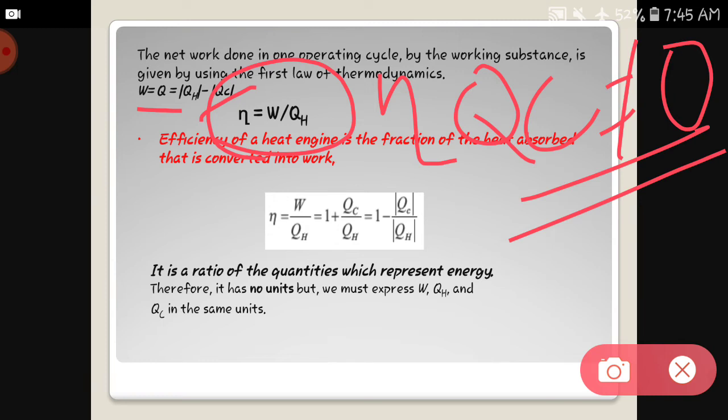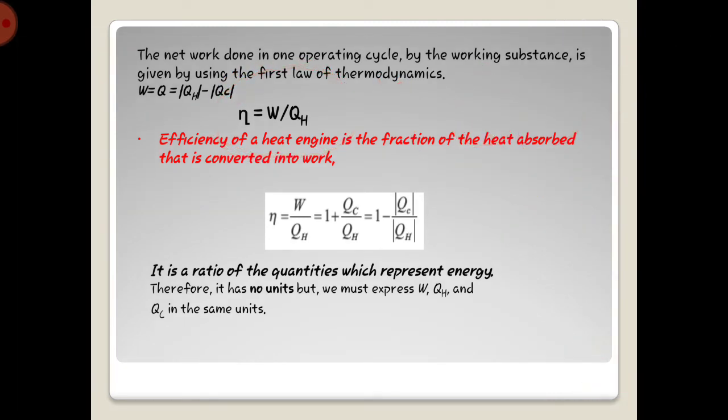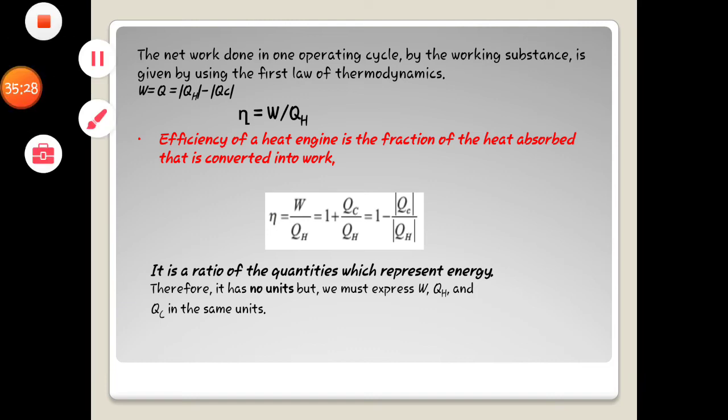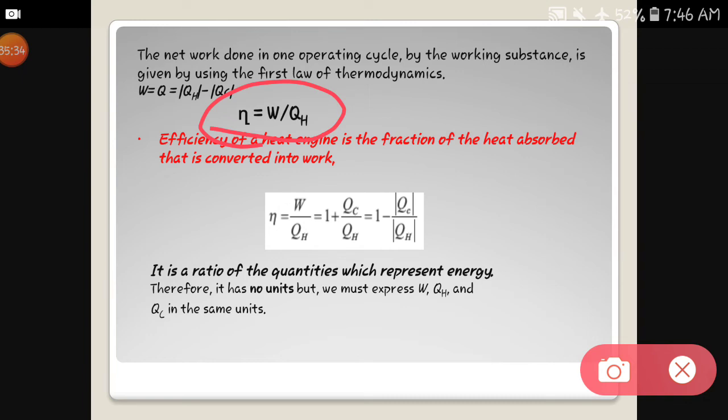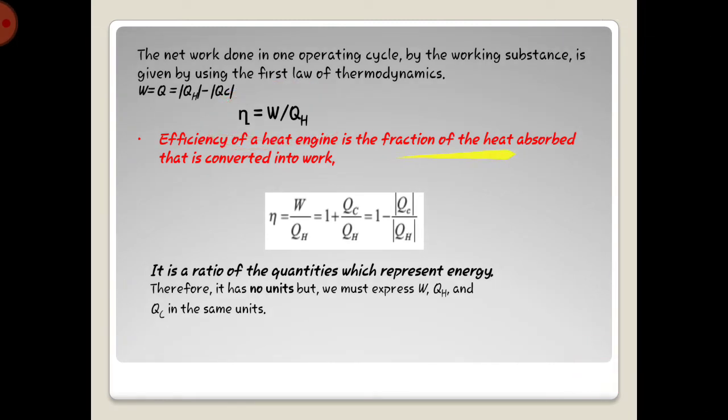Okay, so to find out the thermal efficiency of any heat engine, we have considered a new term, eta, which is thermal efficiency, and it is given by the ratio of work done and the amount of heat absorbed. Okay, so what is efficiency? It is the fraction of heat absorbed that is converted into work.